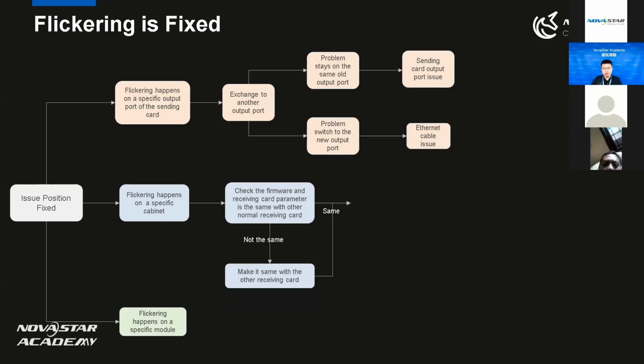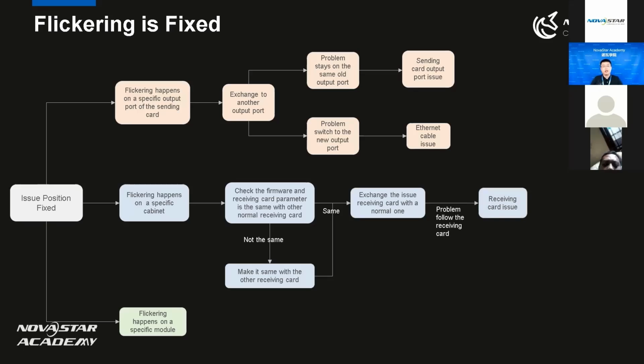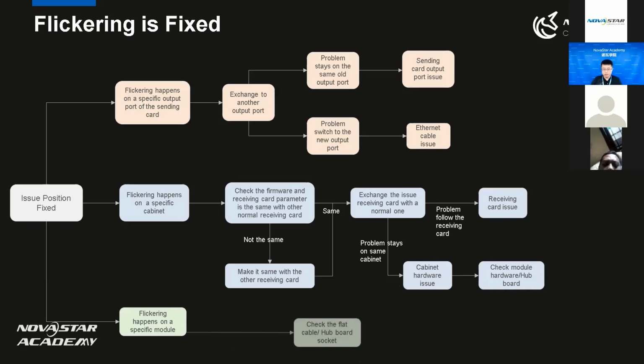If the receiving card firmware and the RCFGX file are the same, you can try to exchange the issue receiving card with a normal one. If the problem follows the receiving card, it means it is a receiving card hardware issue. And if the problem stays on the same cabinet, the reason should be the module or the hardware. So this is the process.